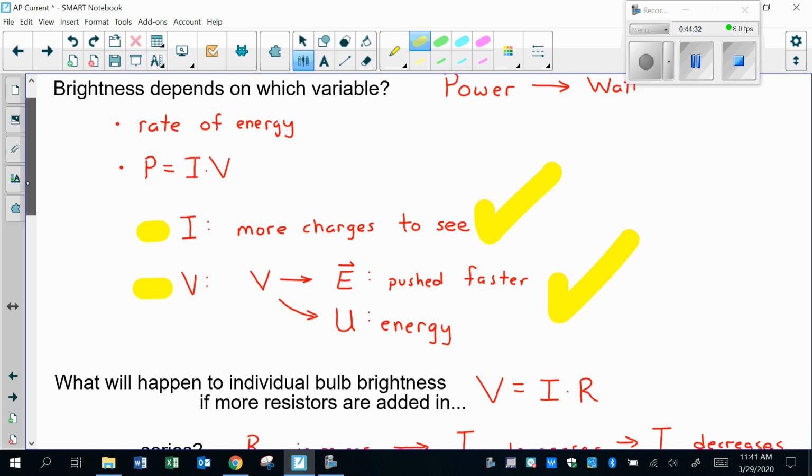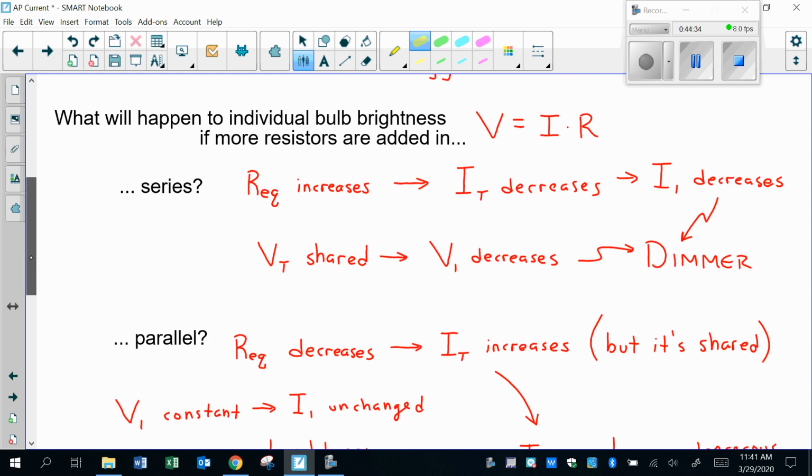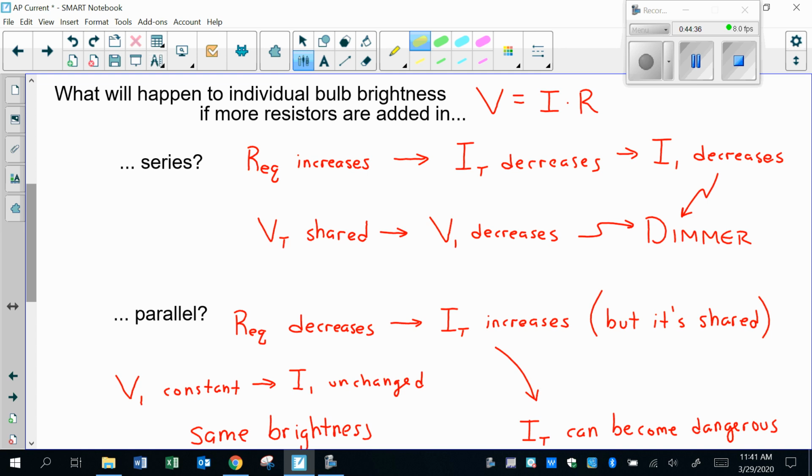So when we come down here to the bottom, kind of more of a practical thing here than a mathematical, is what happens when you start to add more and more light bulbs. Well, if you add them in series, you're going to increase your total amount of resistance. That's going to slow everything down. Not only that, your voltage, your 12 volts from the battery or whatever it might be, is now going to have to be shared.